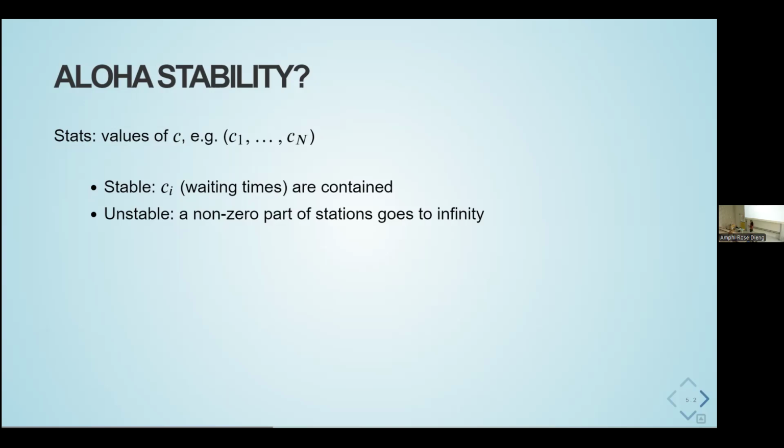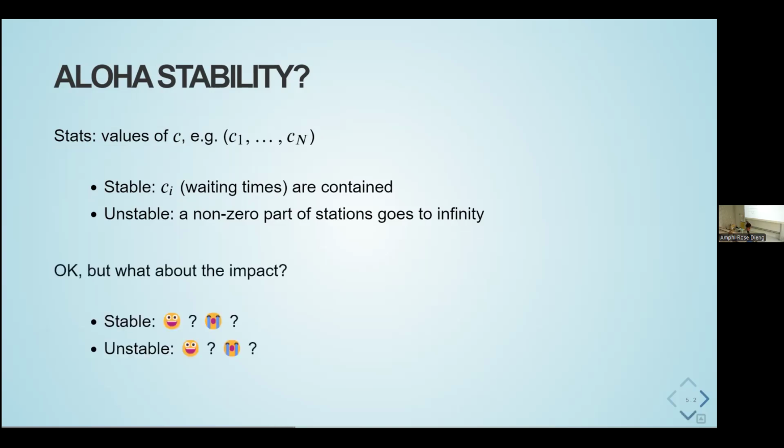And unstable means that you have, at least for some part of the system, some waiting times that can go to infinity. But is it really important? Are you really happy when you're stable? Are you really unhappy when you're unstable? At least for me, it's not clear. And it's one of the things we want to consider.